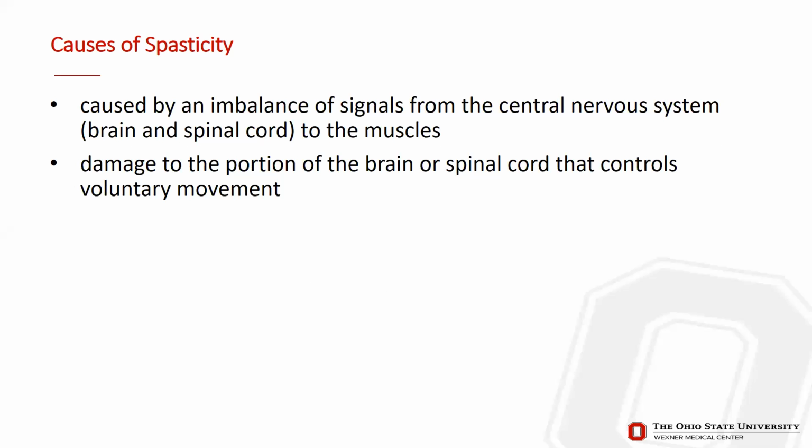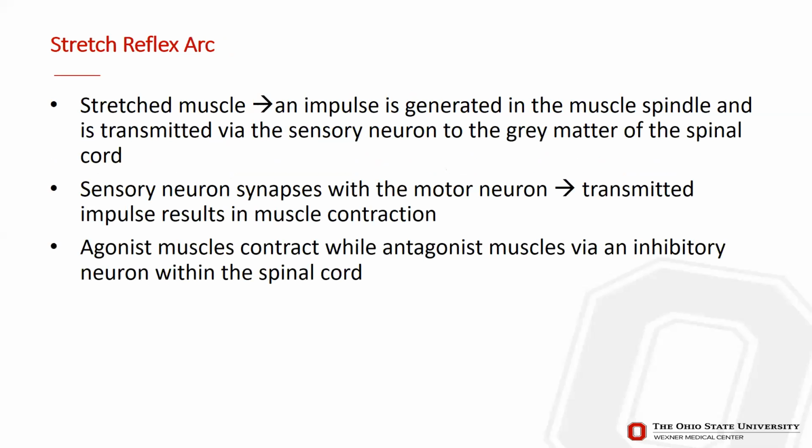Some of the causes of it, and one of the main things generally, is that spasticity can be caused by an imbalance of signals. Those signals are coming from the periphery and going into the central nervous system, going through the brain and the spinal cord. So anything that can affect a portion of the brain or the spinal cord that controls voluntary movement can develop spasticity.